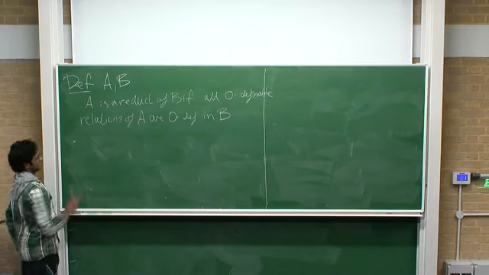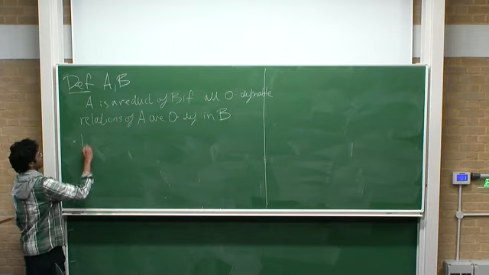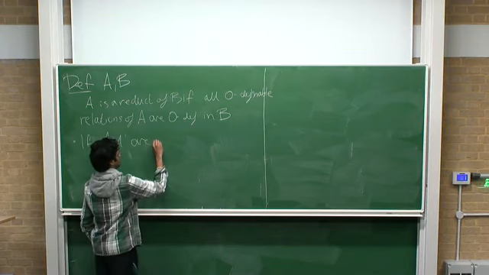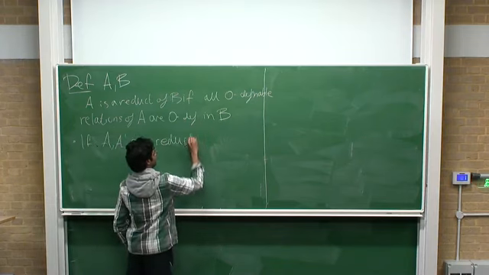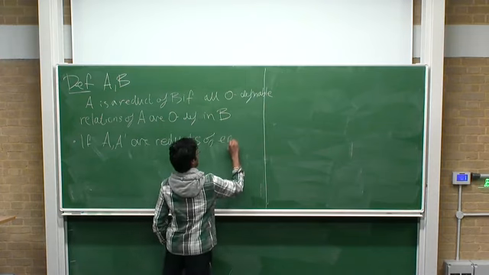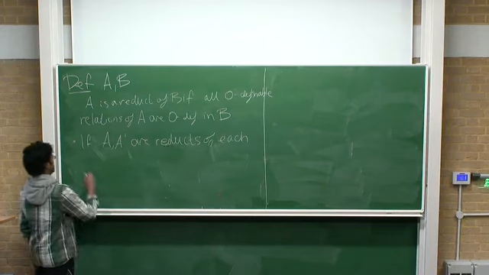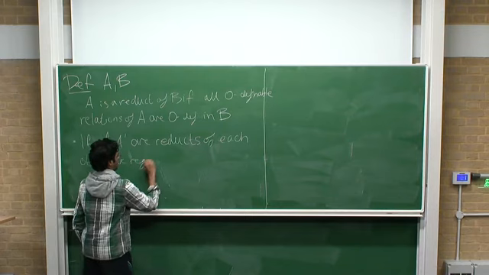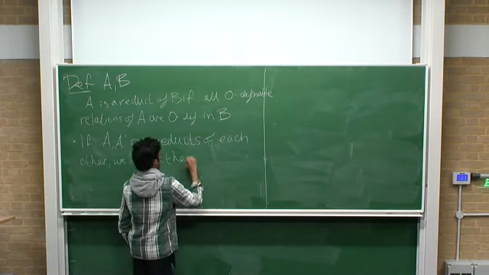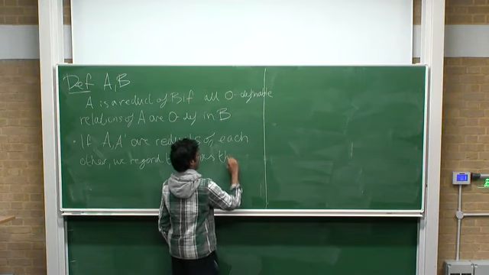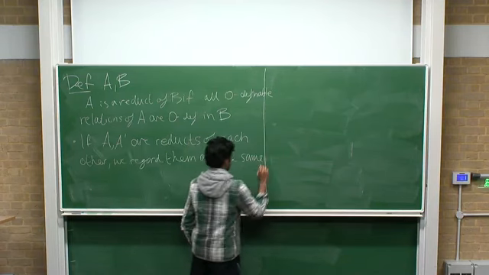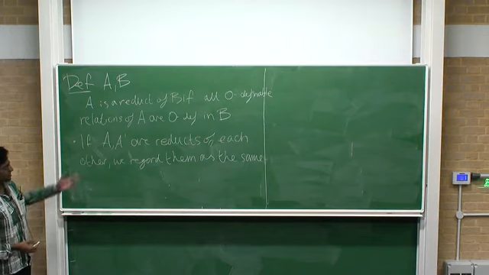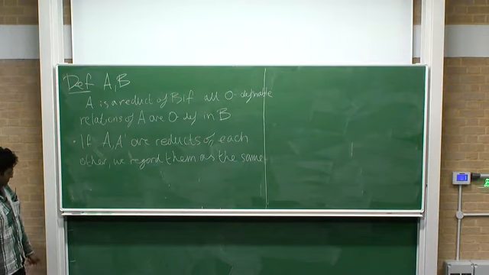So there's a caveat. If, let's say, A and A prime are reducts of each other, then the question would be, given a structure, what are its reducts up to this equivalence?